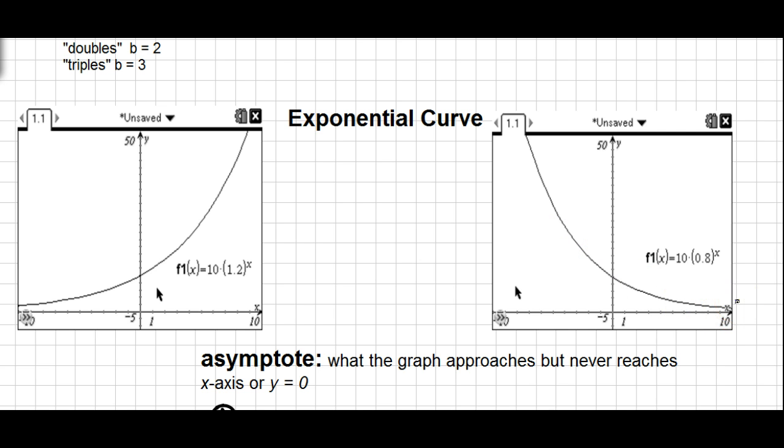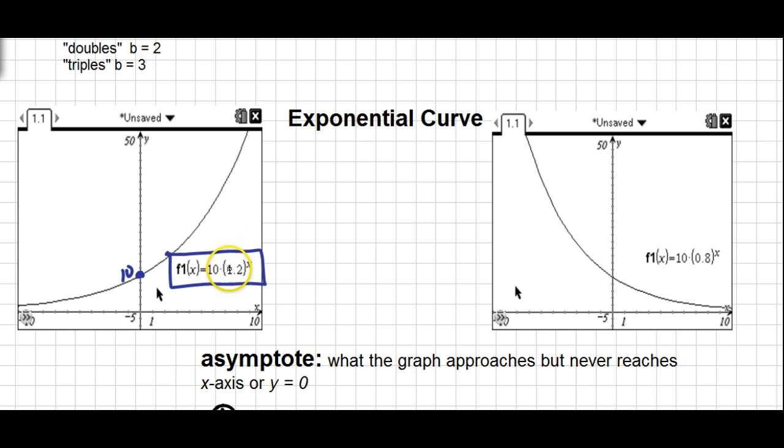So if you look at the equations that are given in both situations here, you can see that the A value is the value 10. And if you look at the hash marks here, you can see that 10 is indeed where it's crossing the axis. The B value here is indicated in parentheses, which oftentimes happens. It's also the number that has the x with it.